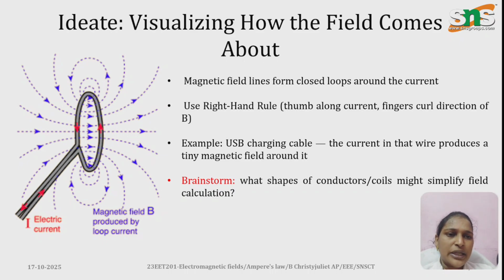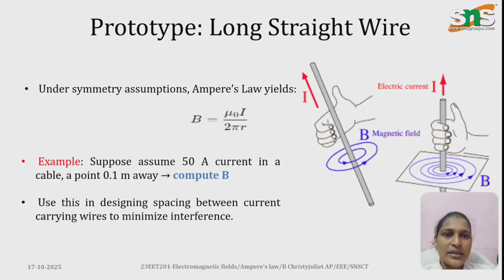For example, in a USB charging cable, the current in that wire produces a tiny magnetic field around it. Now, even though there are different shapes of conductors or coils, how can we calculate this magnetic field in that coil or conductor irrespective of its shape? Now, let's get into the topic.